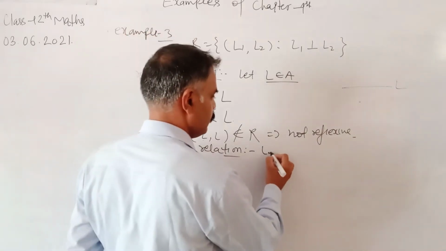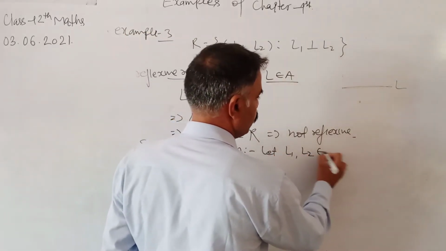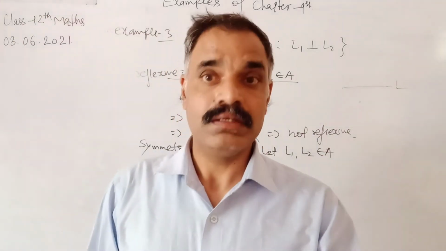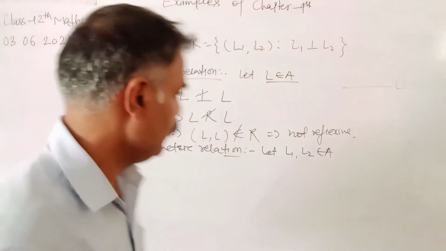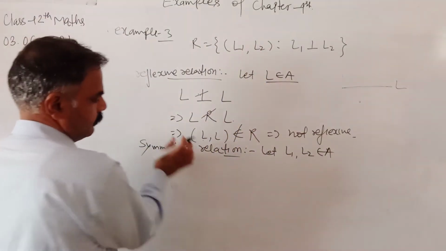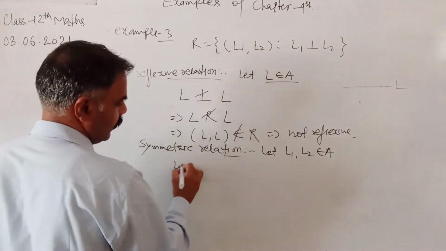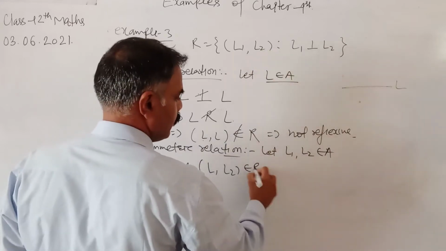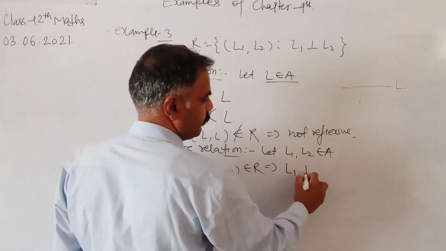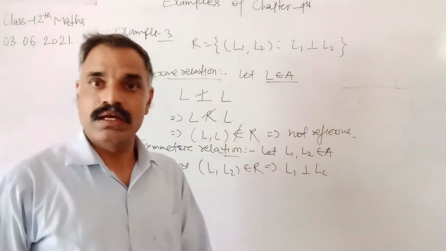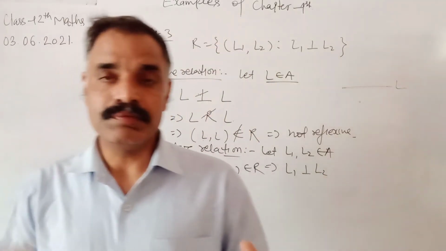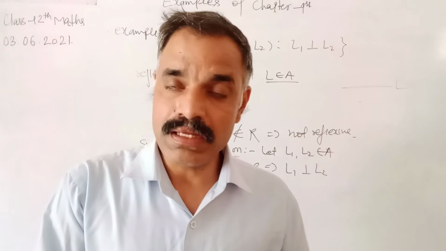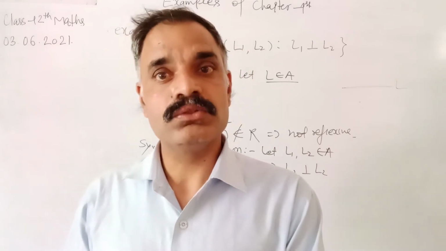So let L1, L2 belong to the given set A. Let (L1, L2) belong to the given relation R, means L1 is perpendicular to L2. In a symmetric relation, we show that if (L1, L2) belongs to R, then (L2, L1) also belongs to R.